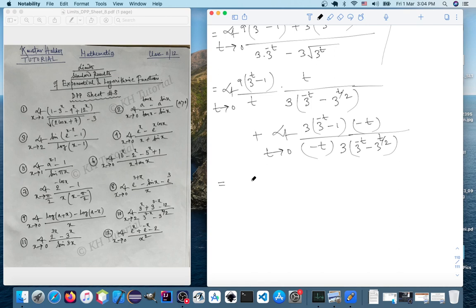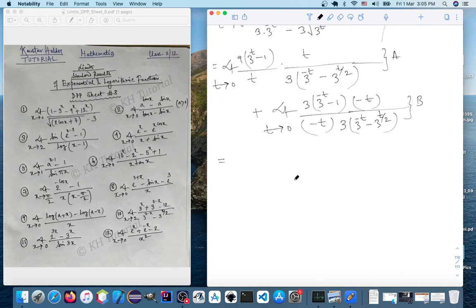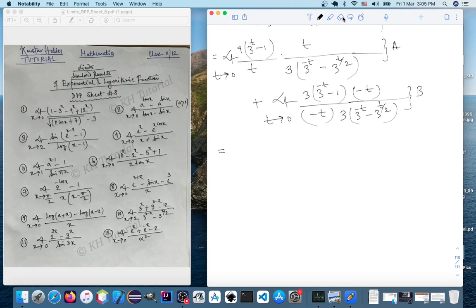Let me say this limit term has a and this has b, and individually try to solve a and b, then the final result will be a plus b.